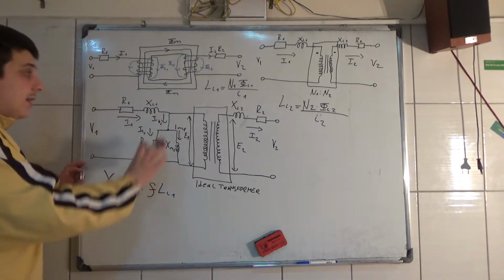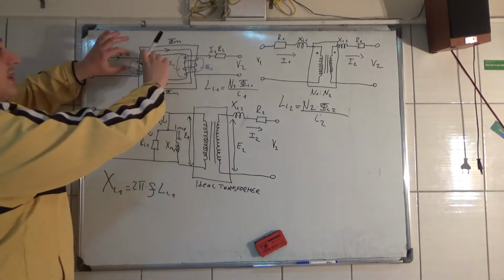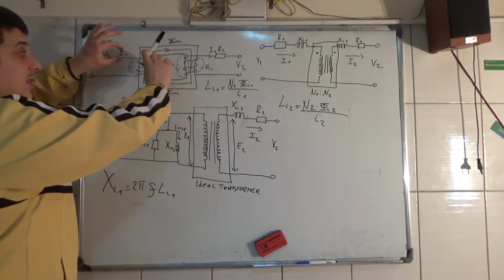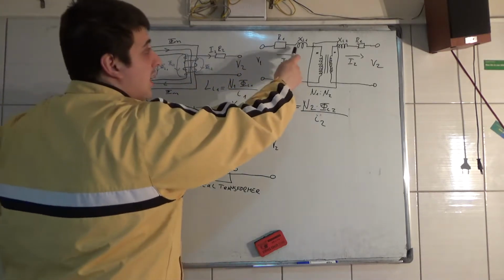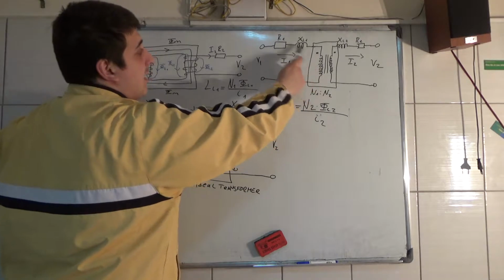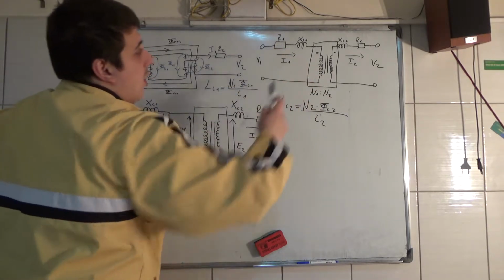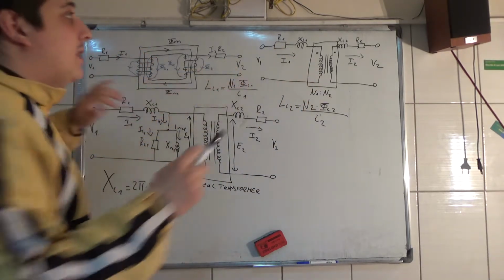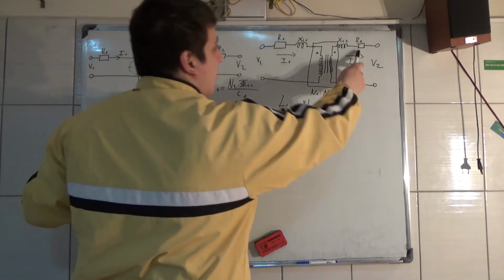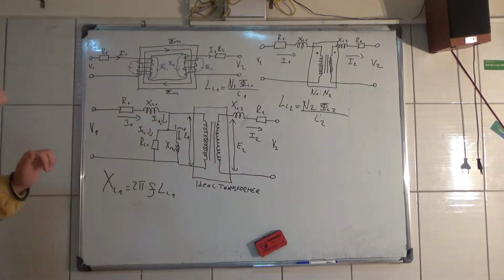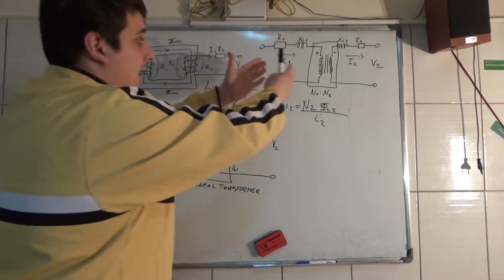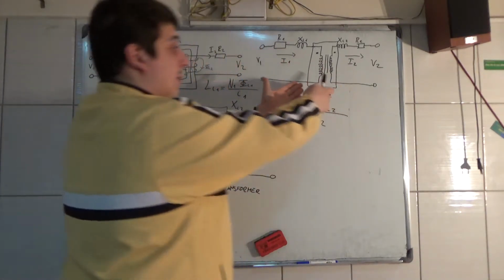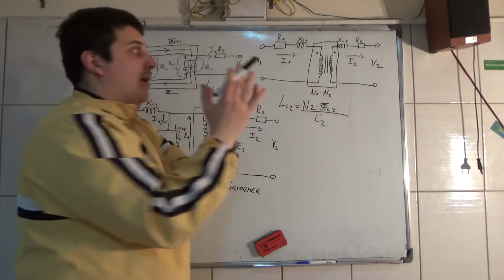These inductances of the leakage linkages we put in series with the winding and with the winding resistance, on both the primary and the secondary side. Now here we have a tightly coupled magnetic field.